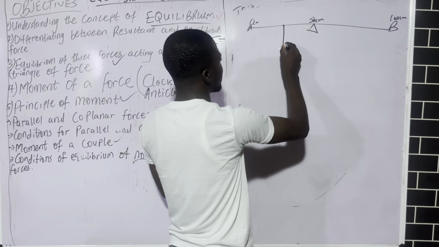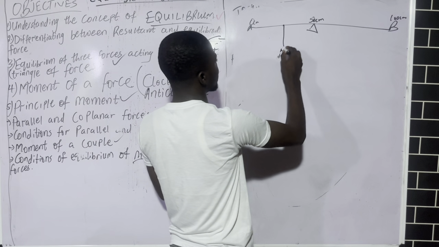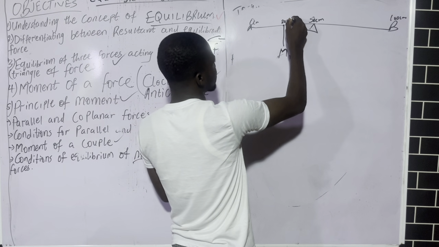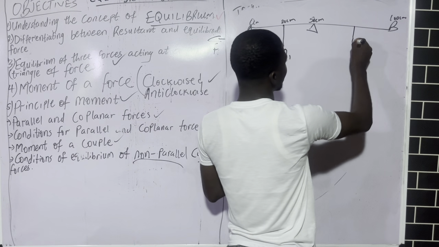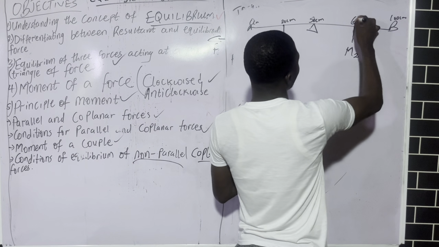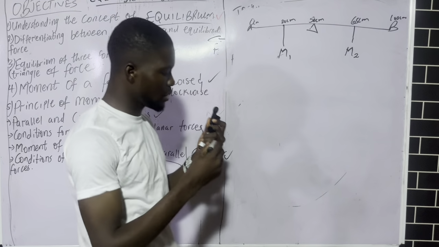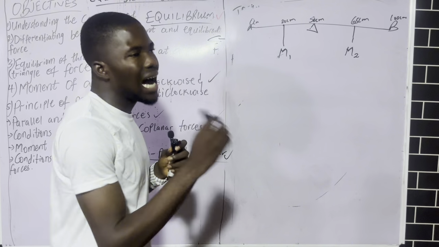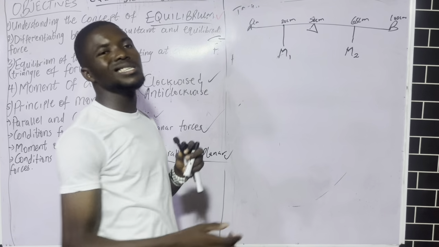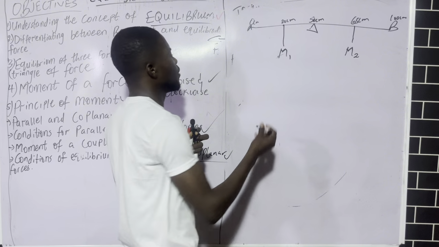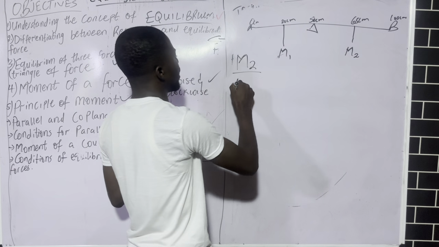Mass M1 is at 20 centimeter, mass M2 at 65 centimeter. Are you seeing it now? The question asks, what is the ratio of M2 over M1?